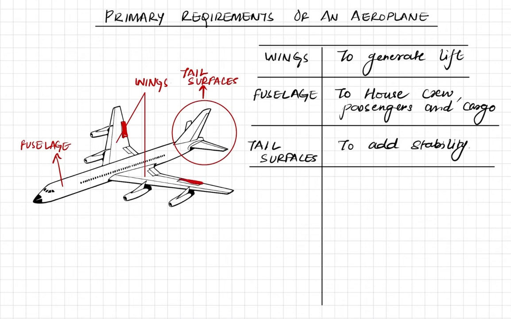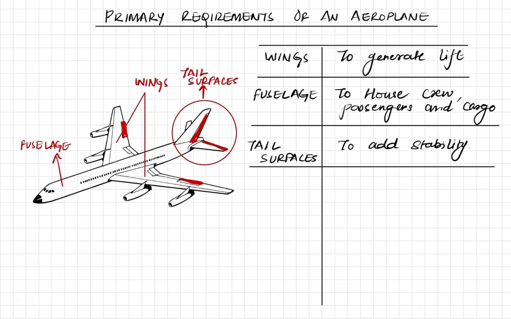These are known as the ailerons, which are attached to the trailing edge of the wings, and this is known as the rudder, which is attached to the trailing edge of the fin, and this is known as the elevator, which is attached to the trailing edge of the horizontal stabilizer. These are the control surfaces, and they are the dynamic parts. They are not fixed like the wings or the fin or the horizontal stabilizer. They are movable parts, and they move according to the pilot's input, and help the pilot to change the direction of the aeroplane during a flight.